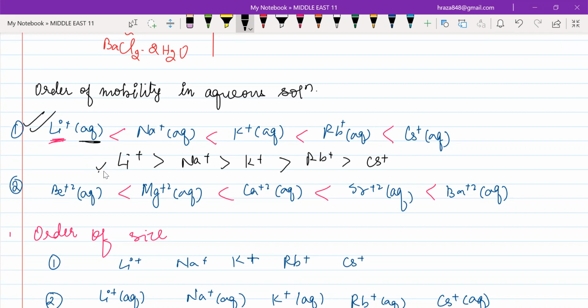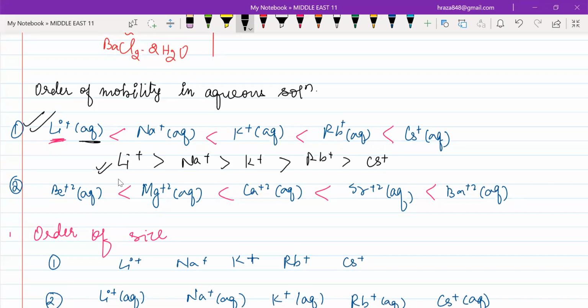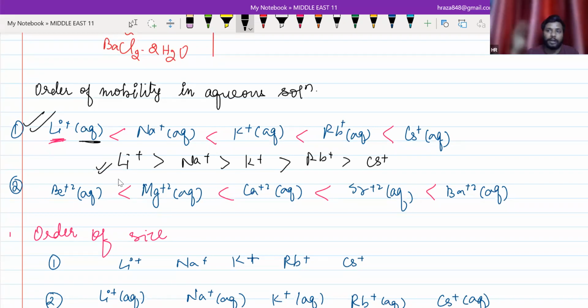This condition is basically without water. It is just in isolated form. In isolated form, it is just Li plus. Is that clear? Yes, sir. So if it is only Li plus without water, without interacting with any other elements or compounds, it will have lower mass, a smaller size.